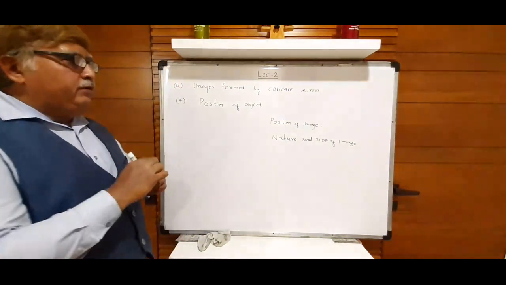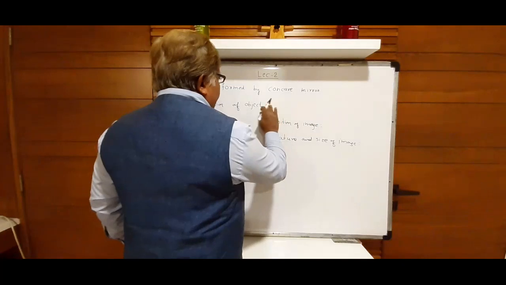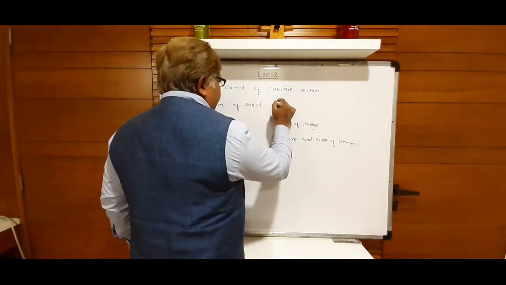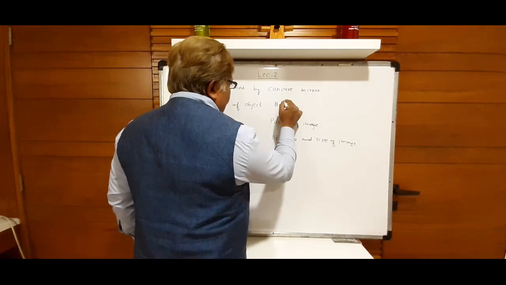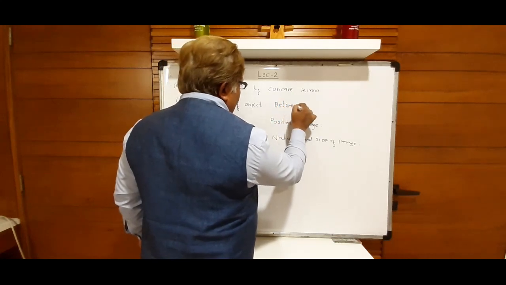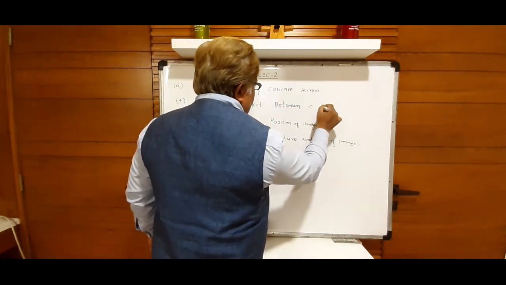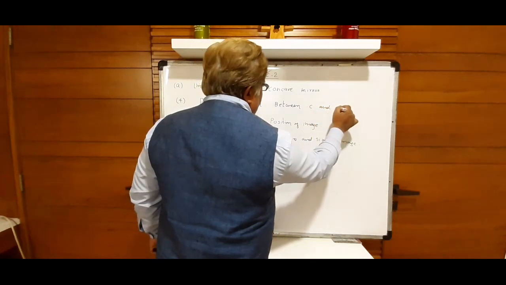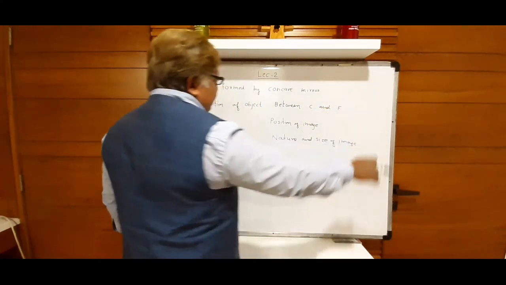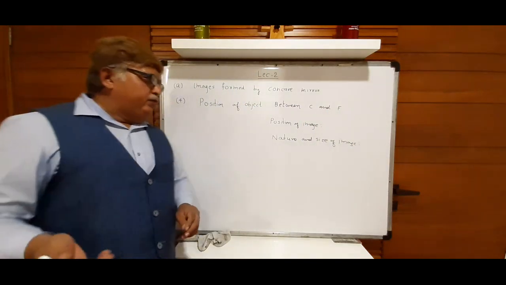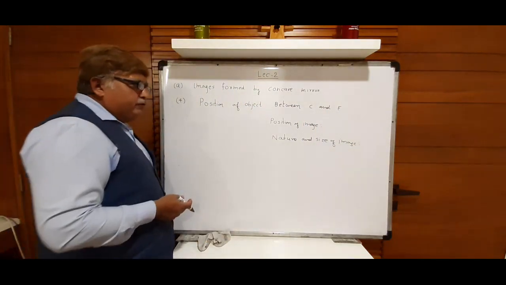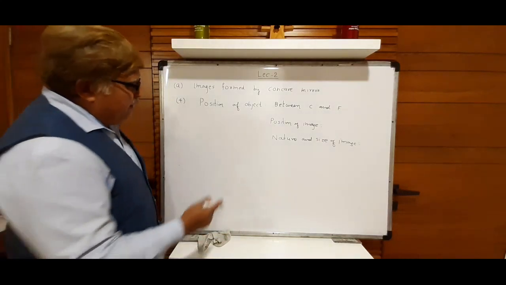Now let us bring the object nearer, and I am writing it here. The position of object, please write down with me, between C and F. Either you write full words, between center of curvature and focus, that is also sufficient.